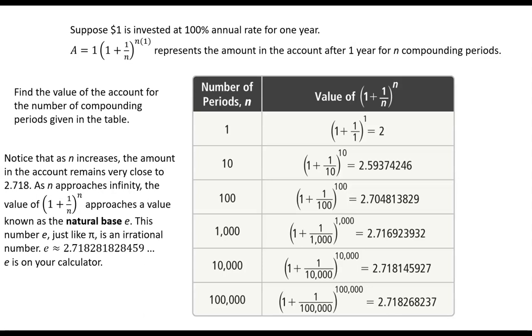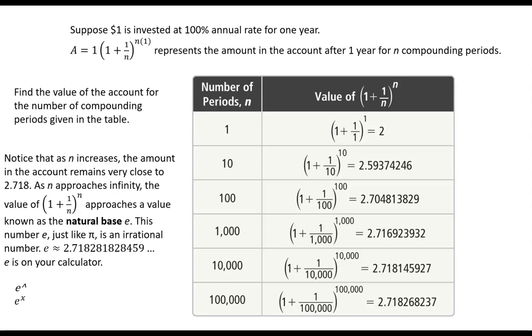Now, some of you just have e, and some of you would have an e to the x button. If you have e, you can just hit e and get the value of e. And then if you need to take it to an exponent, you need to use the caret. So if you wanted to square e, you would say e, use a caret, and then a 2. If you have an e to the x button, after you press that button, it wants an exponent.